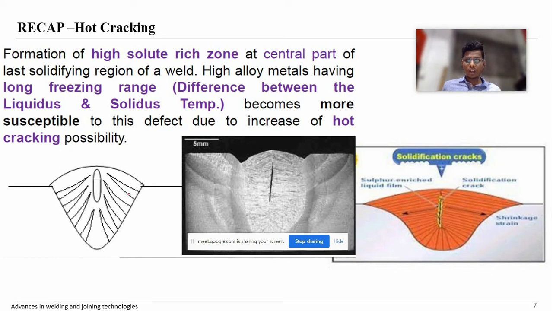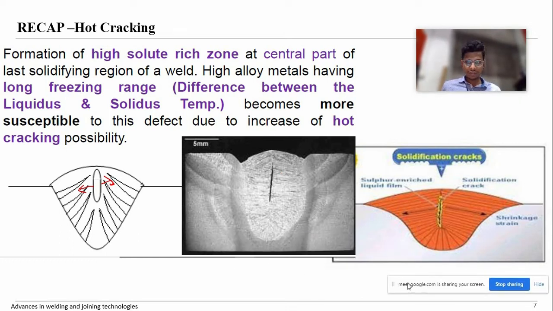But since the surrounding material is solid, it is getting contraction, right? Because of the contraction, tensile resistance will be there, so it will drag like this from both sides, and we'll have some kind of cracking. That is called hot cracking, meaning it happens during solidification at the higher temperature.